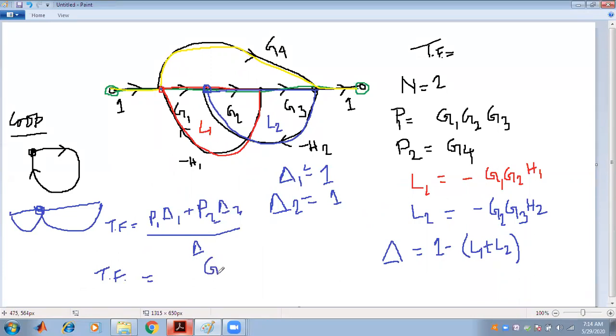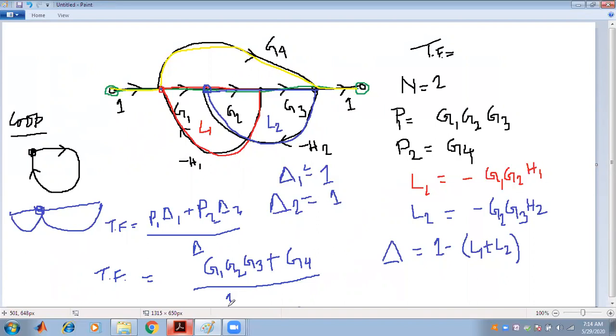The entire transfer function can be written as: p1 means G1, G2, G3 into 1 for the del 1, p2 is G4, followed by 1 minus del. Del is 1 minus L1 minus L2.